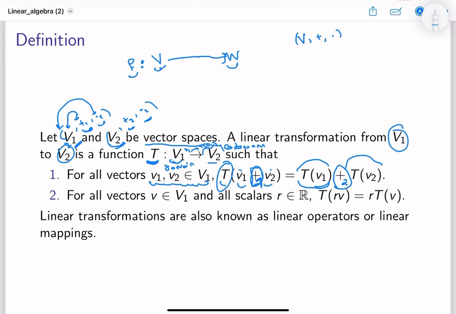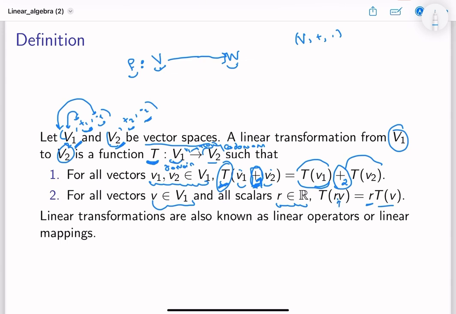So this is all to say that T should first of all respect the plus operation, and second, it also should respect the scalar multiplication operation, where if you have a vector in V1 in the domain and you have a real number R, then T of Rv should be the same as R times T of v, right? So you can pull the R outside. And I should note here that this scalar multiplication here is the dot 1.